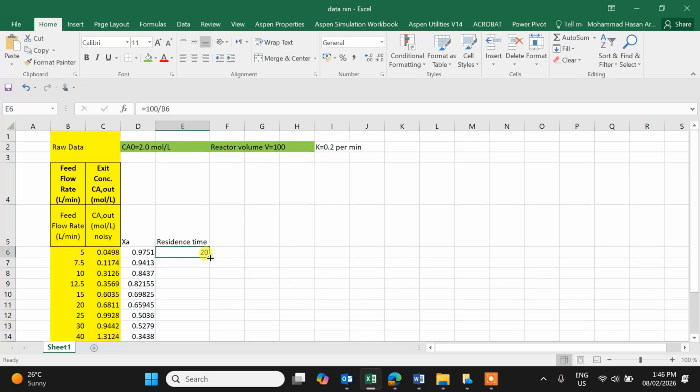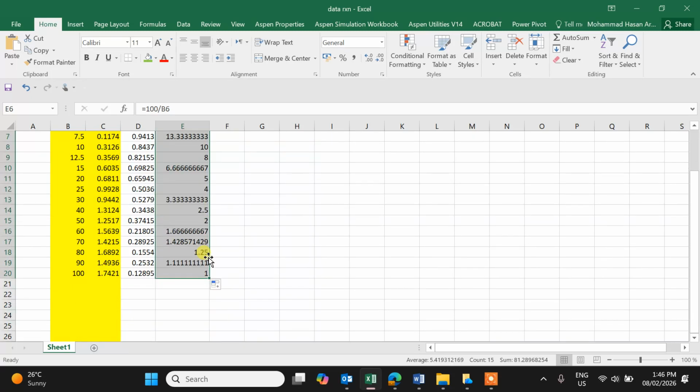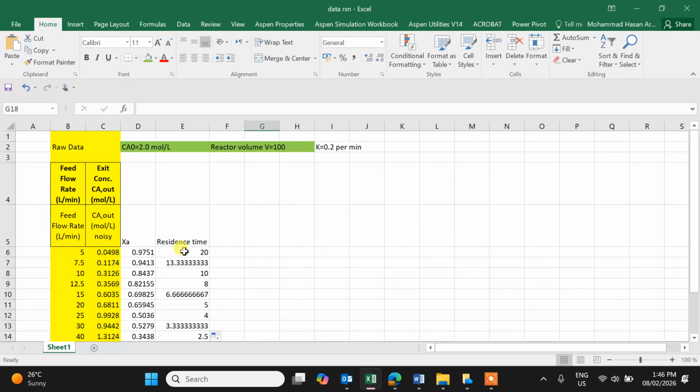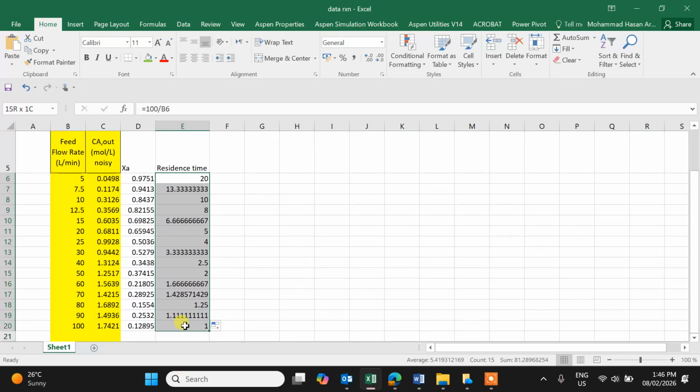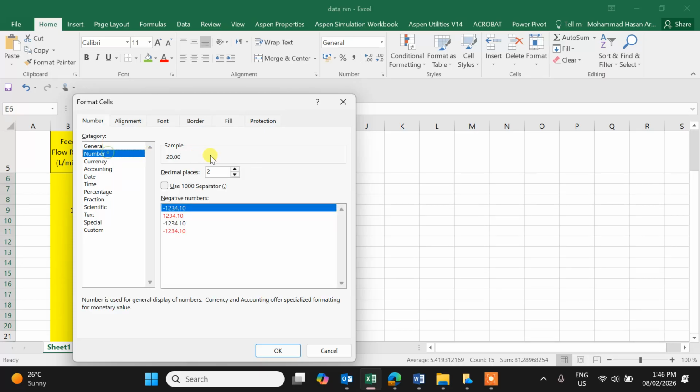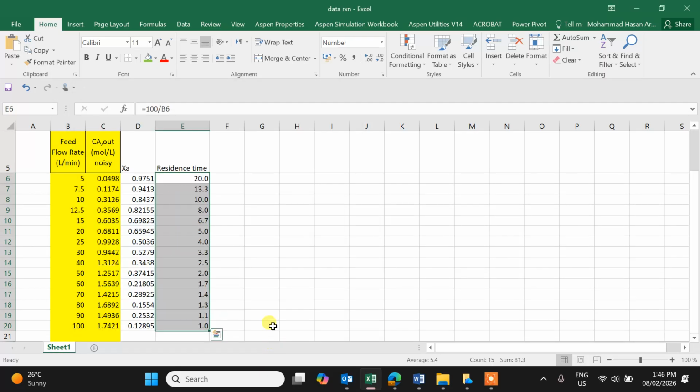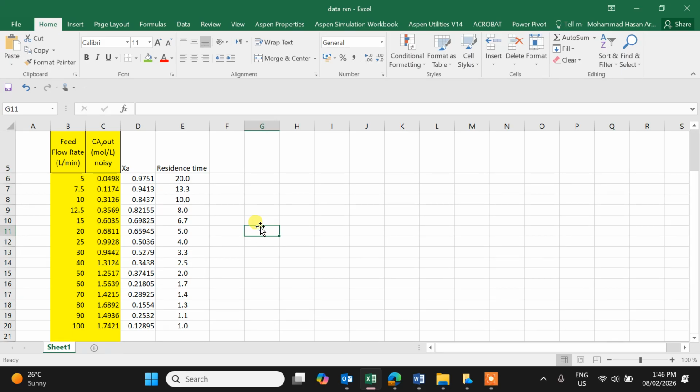So residence time is 20, conversion is 97.5. Okay, so this is the residence time. We can make it 1 decimal point. So conversion versus residence time. So we can now plot.